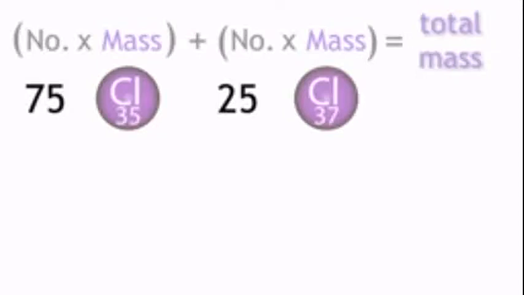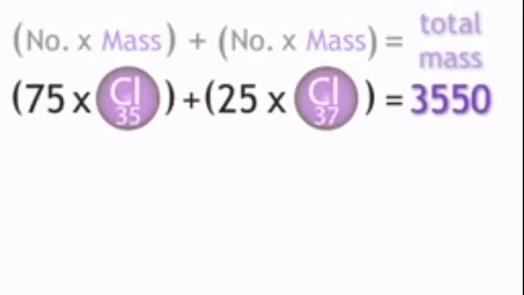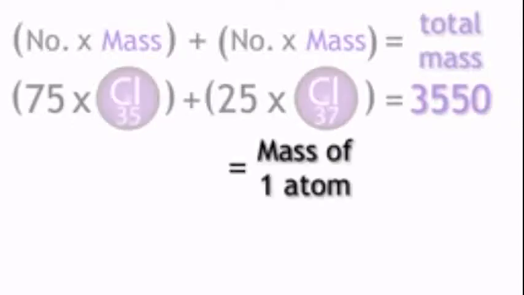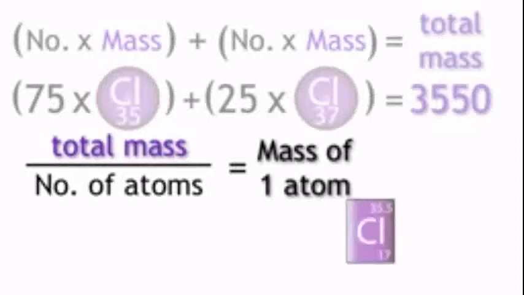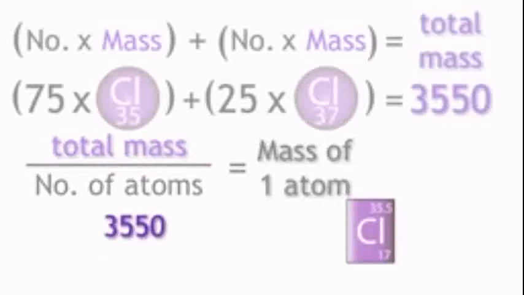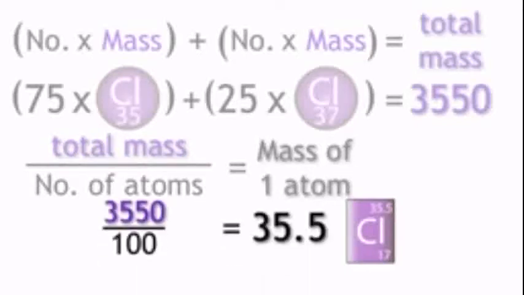So the mass of 100 atoms would be 75 times 35 plus 25 times 37, which is 3,550. The mass of one atom will be the total mass divided by the number of atoms. So the mass of one atom of chlorine would be 3,550 divided by 100, which is 35.5.